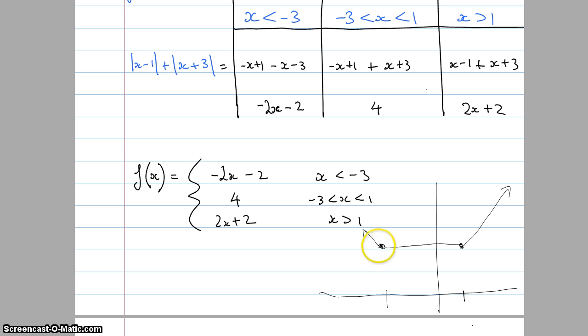I can find these points by substituting x equals 1 into this equation, and I get 2 plus 2, which is 4. So it's the point (1, 4). And this one here is x equals negative 3, which gives positive 6 minus 2, which is 4. So this graph looks like this, this, and then this. It's got a flat bottom.